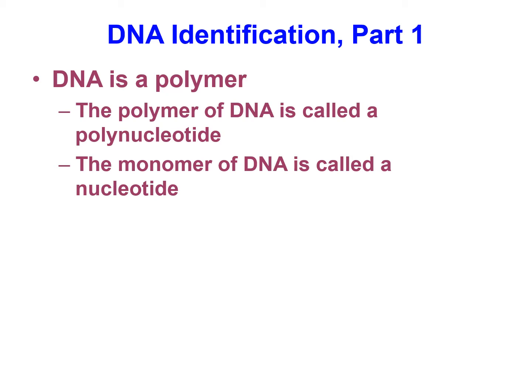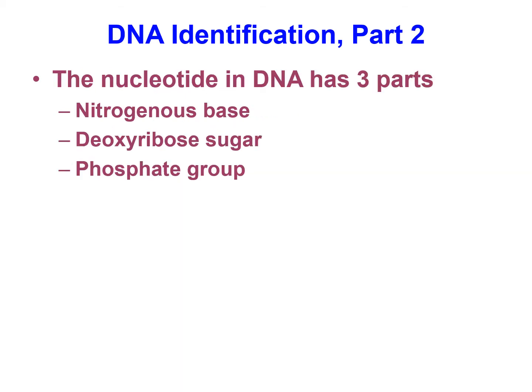So the first thing to remember is that DNA is what we call a polymer, and the polymer has a specific name, a polynucleotide, and DNA also has a monomer because all polymers have monomers, and in this case the monomer is called a nucleotide. If you don't remember what a polymer and monomer are, please go back to chapter 3 and look those up.